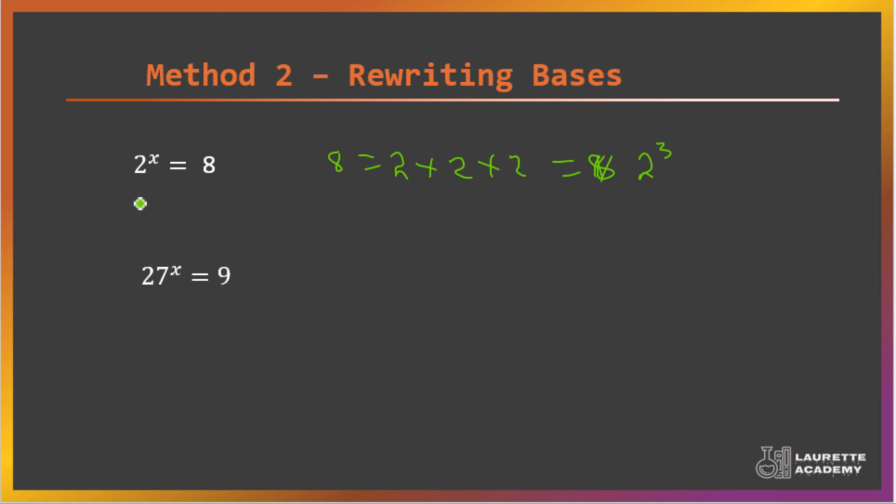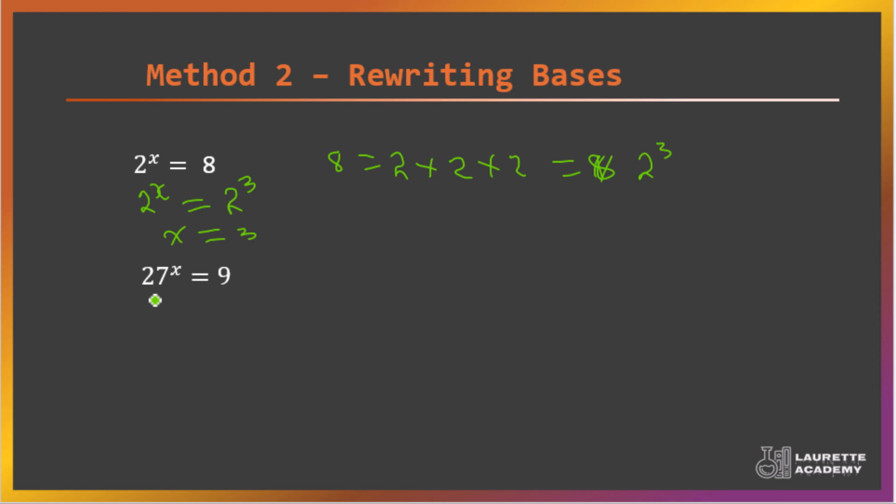And so we can write this equation as 2 to the power x is equal to 2 to the power 3. Now we go back to the case where the bases are the same, 2 and 2. So we equate the exponents. So we write x is equal to 3.